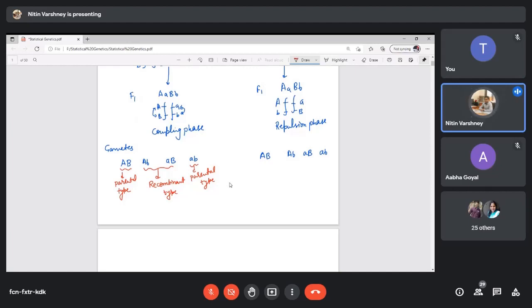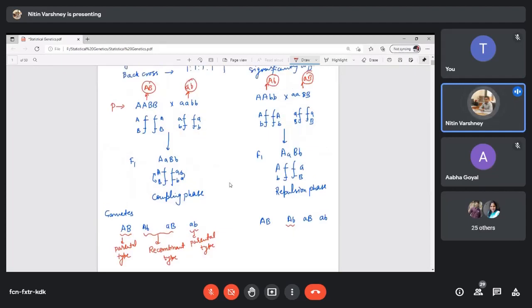But in the repulsion phase, capital A, small b, and small a, capital B are parental type, but these two are recombinant.